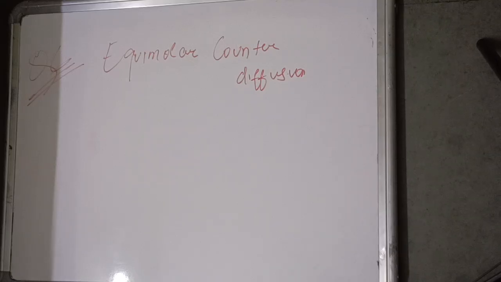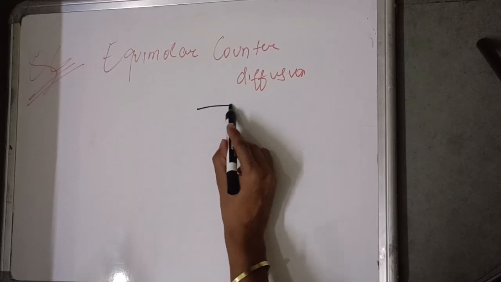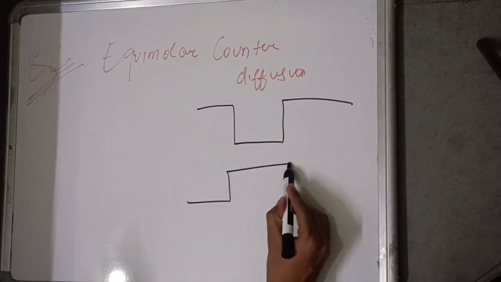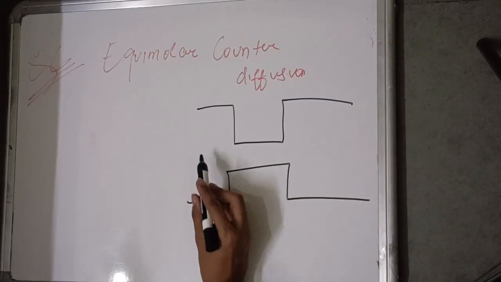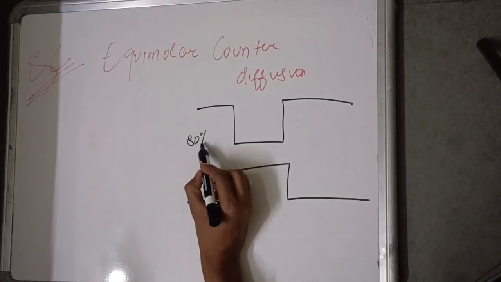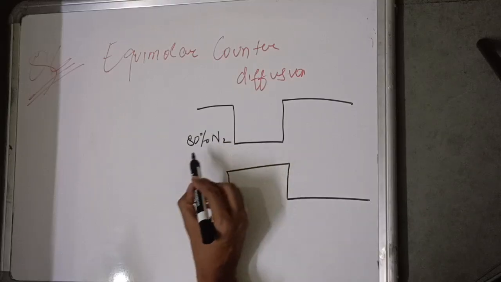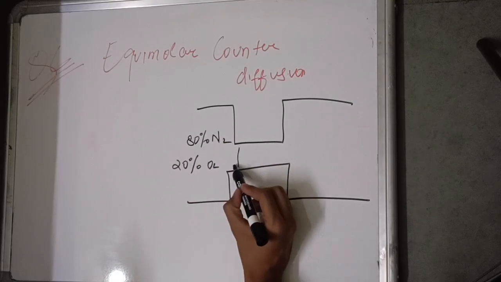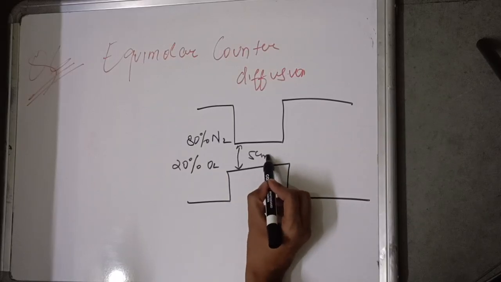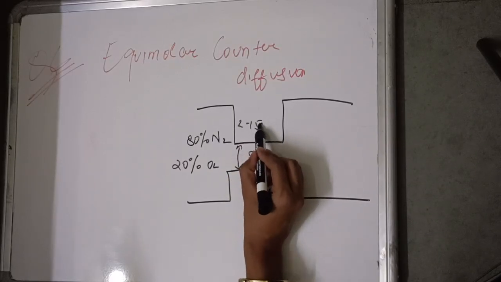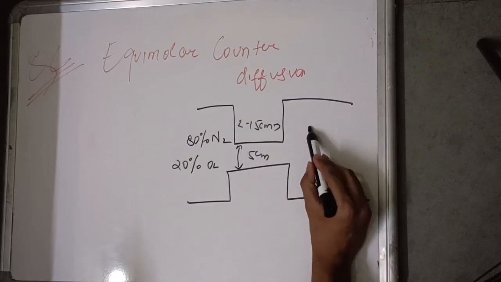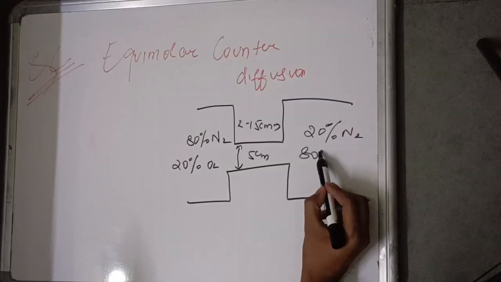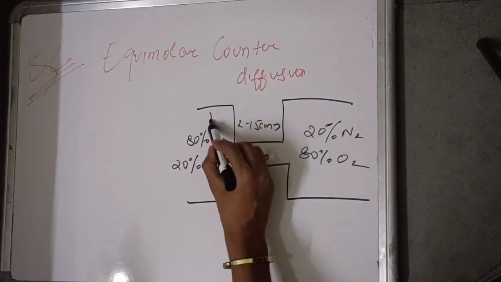For these questions, first we'll draw the figure. There it is, 80% N2, 20% O2. This is given as 5 centimeter. This is given as 10 centimeter. 20% N2, 80% O2. This is one.